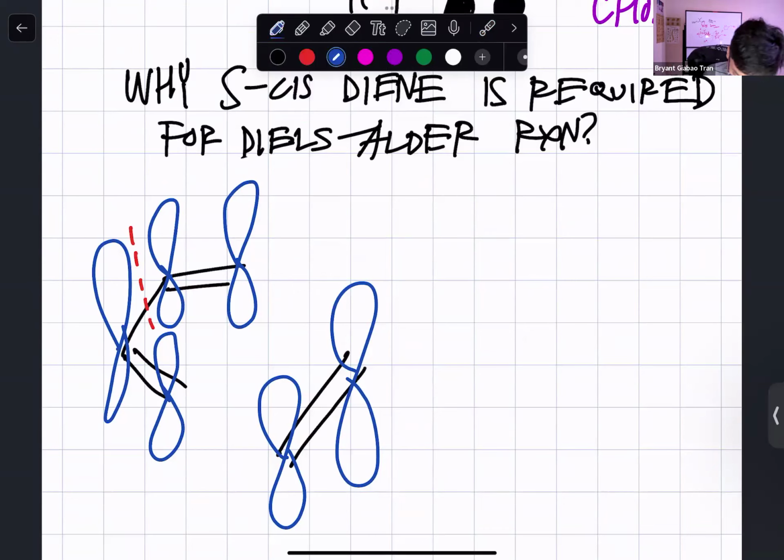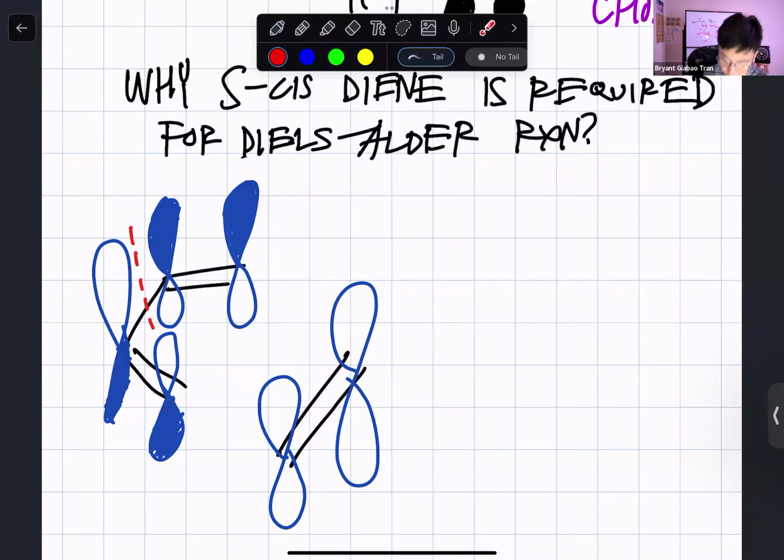So when I draw in the shaded electrons, let's say that these 2 here are going down. That makes the other 2 go up because of the node right there that's separating those 2 sets. Right, so that's the HOMO of the diene. This is the HOMO of the diene.